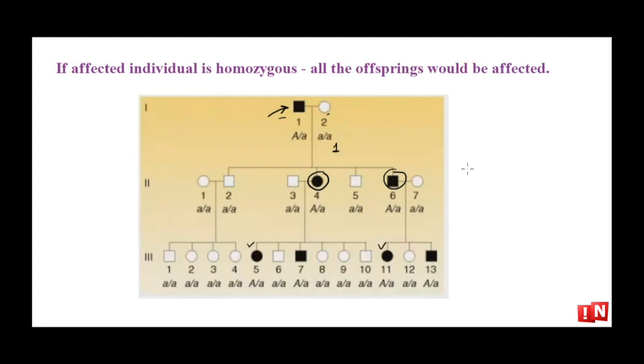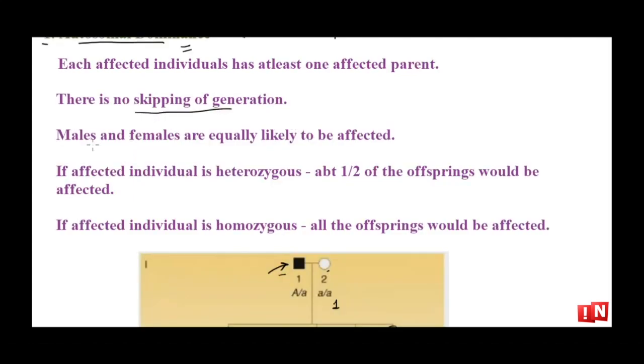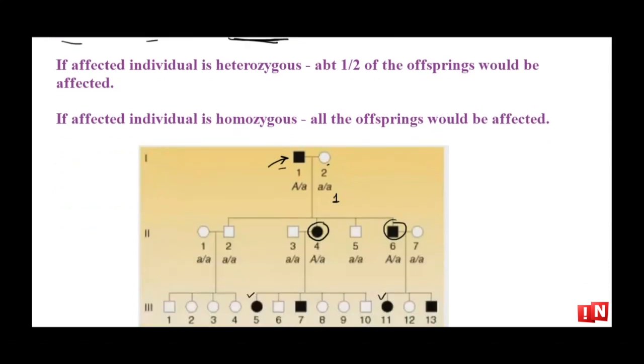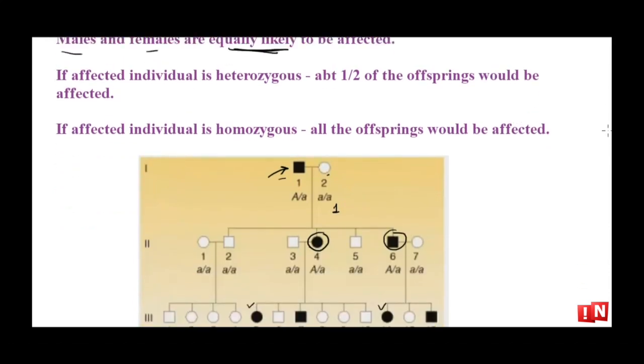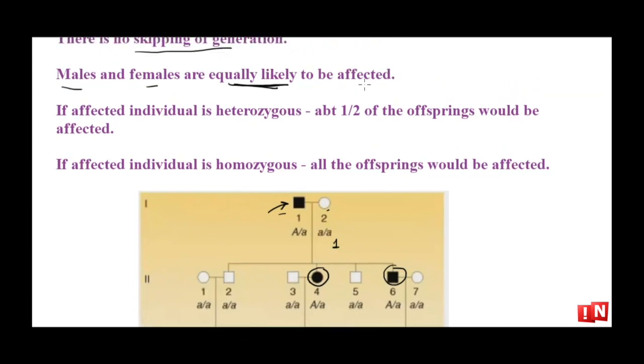Even one allele present would express it. So next is male and female are equally likely to be affected. But obvious, right? It is autosomal, chromosomes are uniformly distributed in male and female, right? So chances are that male or female, they are equally likely to be affected.